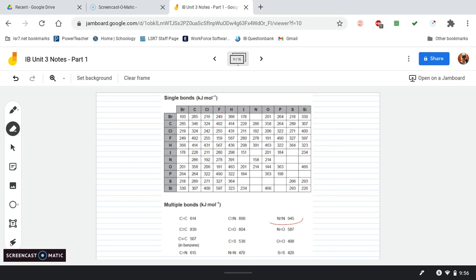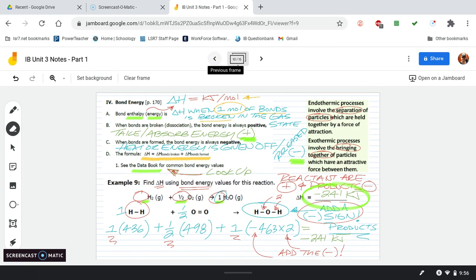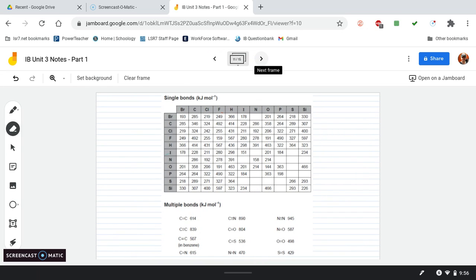All right. And then the key thing, and even when I'm going through this I try to be deliberate about it, is this idea that we're adding a negative sign to anything that's a product. And so all of these are positive on this chart, so you have to add your negative.